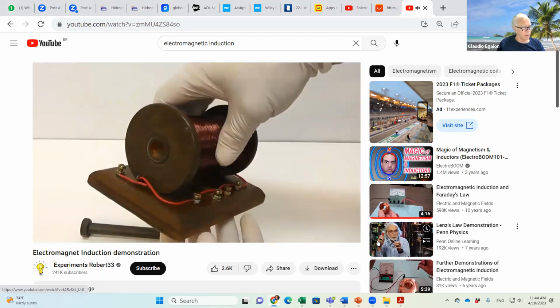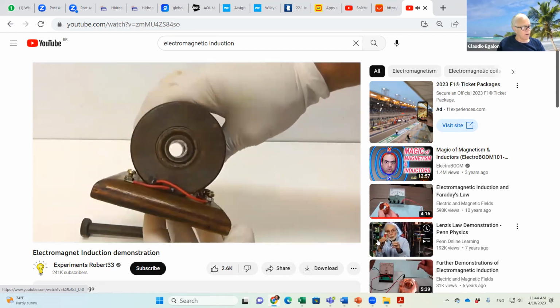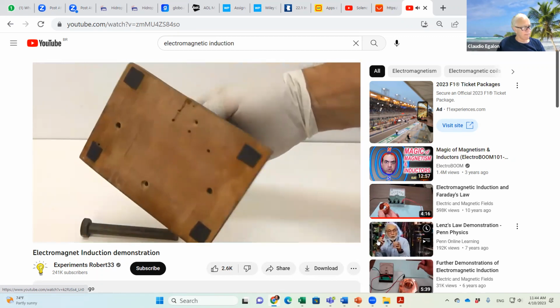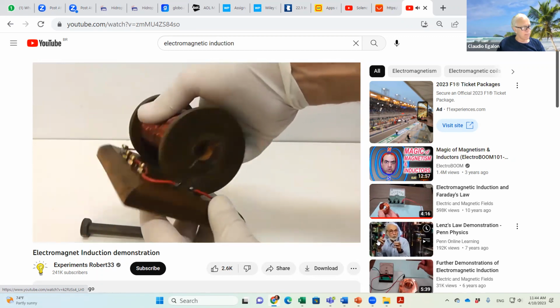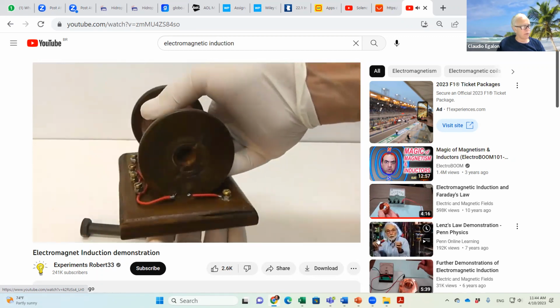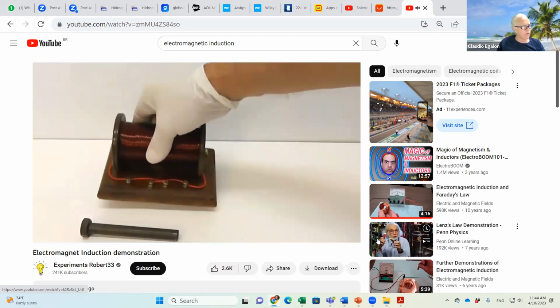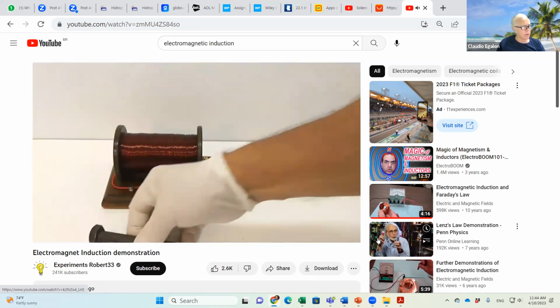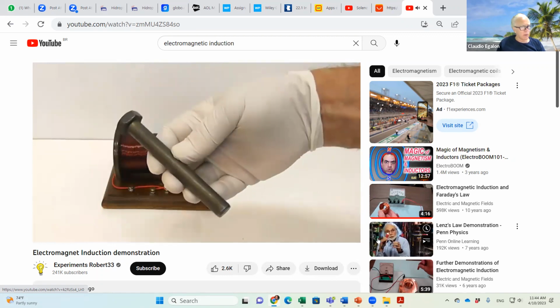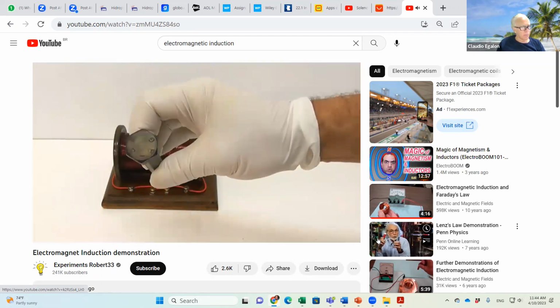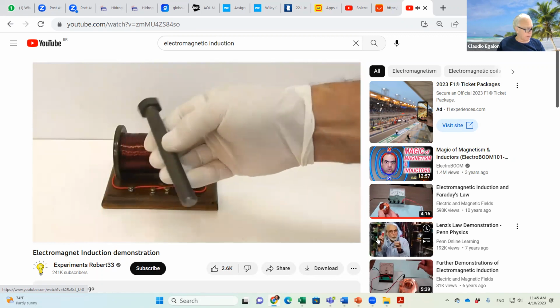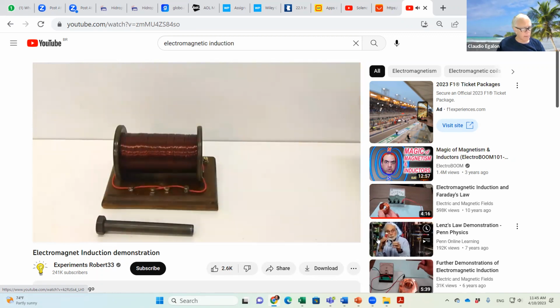Okay, there's a solenoid as well. There is no battery. He's showing you there's no battery in there whatsoever. It's just the wires wound around. I presume that this one is a magnet. He's not saying, but it must be a magnet.